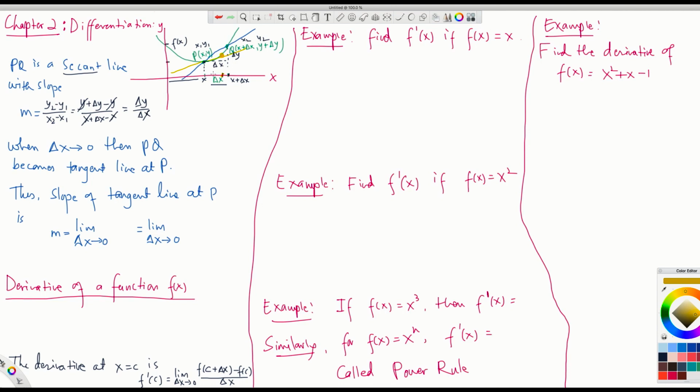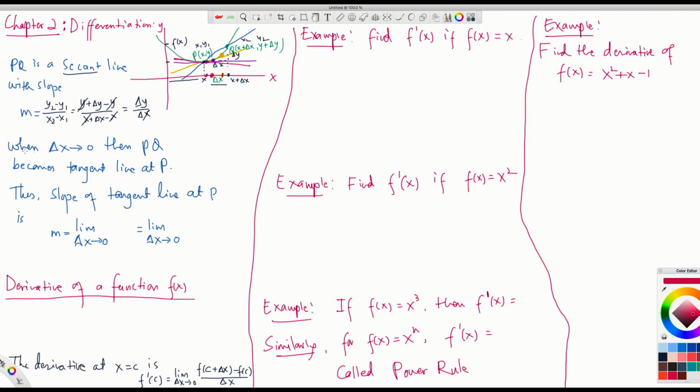Similarly, if you decrease delta x a little bit more, let me use a different color for that, then the secant line PQ looks like that. Similarly, if you move the point even closer, then that secant line basically looks like a tangent line. You see that?